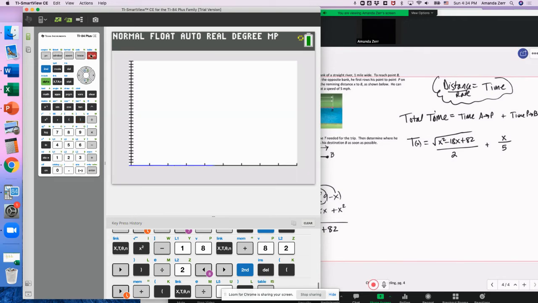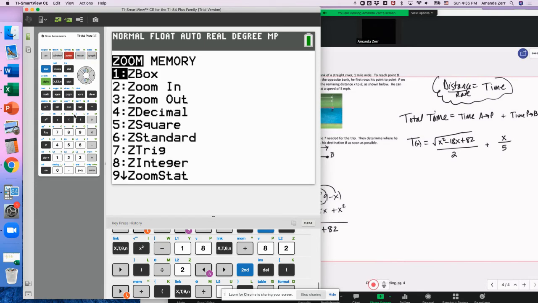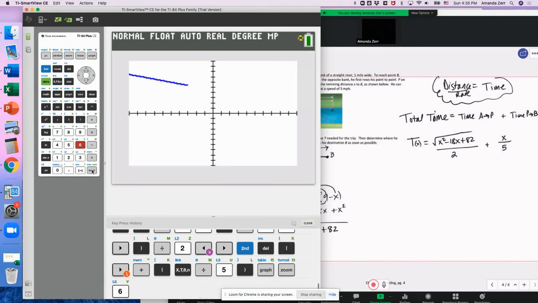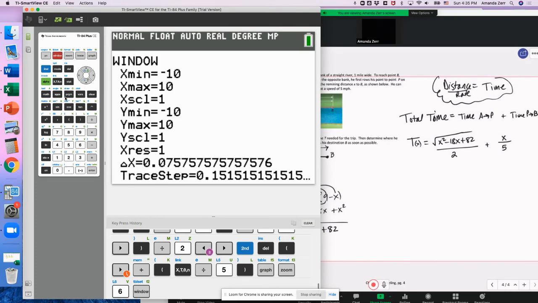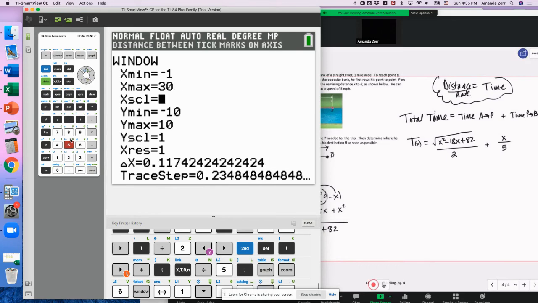All right, now if I just went to graph it, our window is all messed up from before. So let's just go zoom standard, so zoom 6, and just sort of see what we've got. So it looks like there is a little minimum here. I'm going to fix my window. I don't think I need to go so far back for my x, but let's go a little bit further, maybe to 30, and count by 5s.